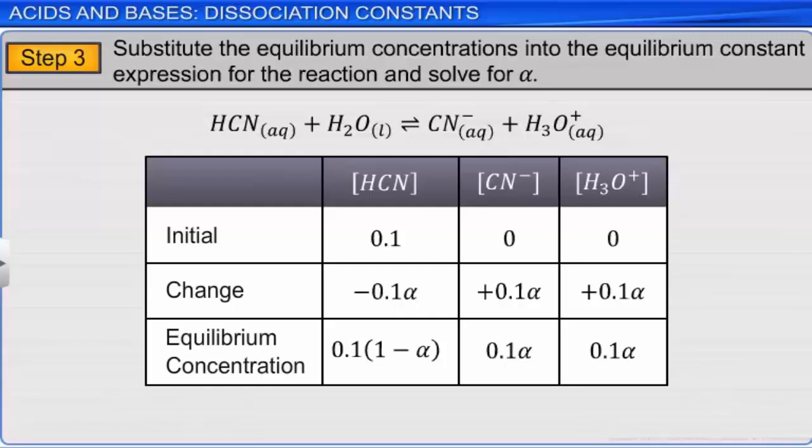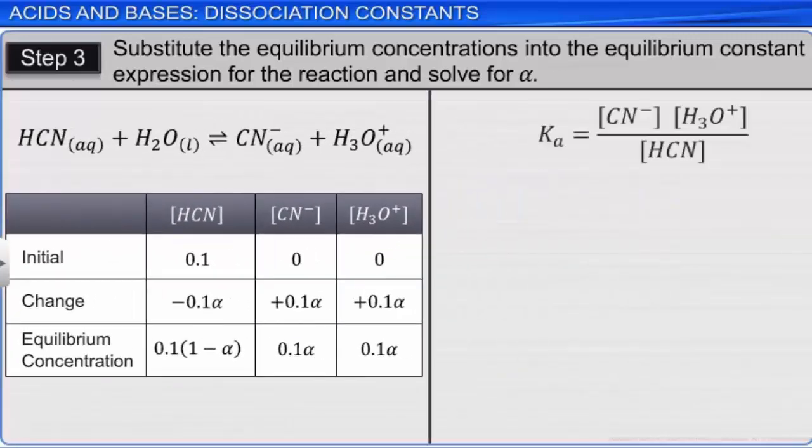The expression for the dissociation constant of hydrocyanic acid can be written as Ka equals product of concentrations of cyanide and hydronium ions divided by concentration of hydrocyanic acid. On substituting the equilibrium concentrations into this equation, we get 0.1 alpha multiplied by 0.1 alpha divided by 0.1 multiplied by 1 minus alpha.